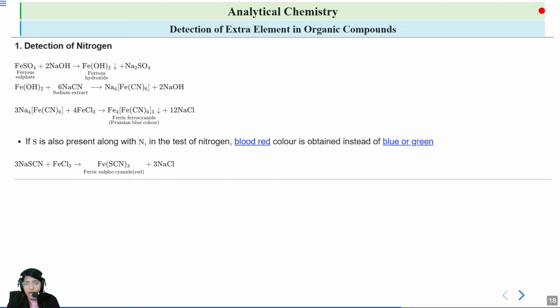In this reaction, Fe3+ ions from FeCl3 combine with thiocyanate ions from NaSCN to form the complex ion [Fe(SCN)]2+, which gives the compound its characteristic red color. Sodium chloride, NaCl, is a byproduct formed from the exchange of sodium and iron ions.